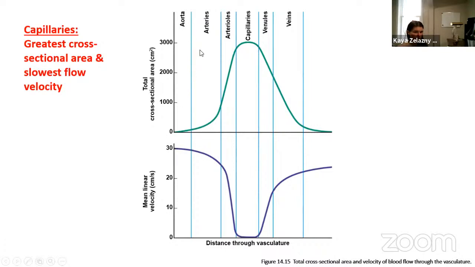Quite fast through the arteries, speed is dropping through the arterioles, super low through the capillaries. And then as we start to move blood back to the heart, it speeds up again as it moves through the slightly smaller venules and veins. Again, this is adding together all the vessels in the network, not individual venules or individual veins.